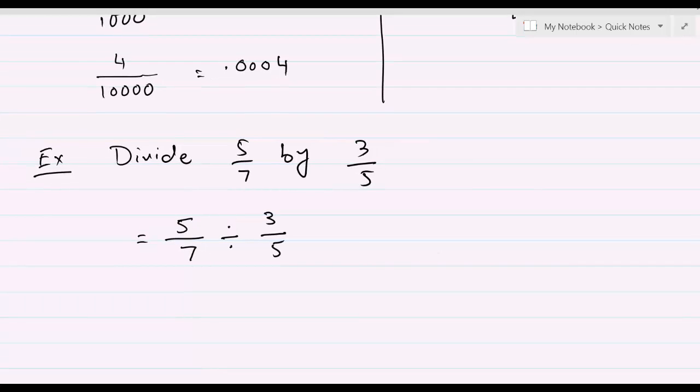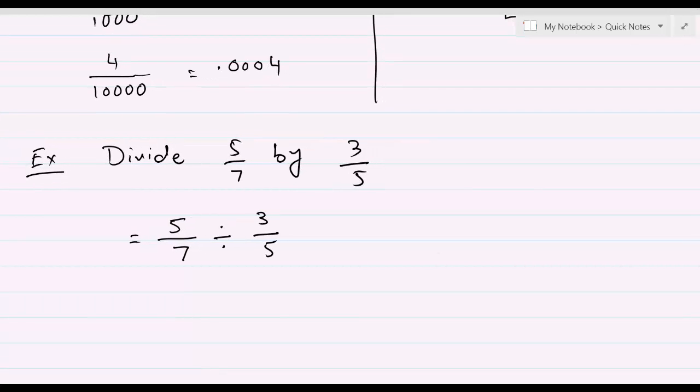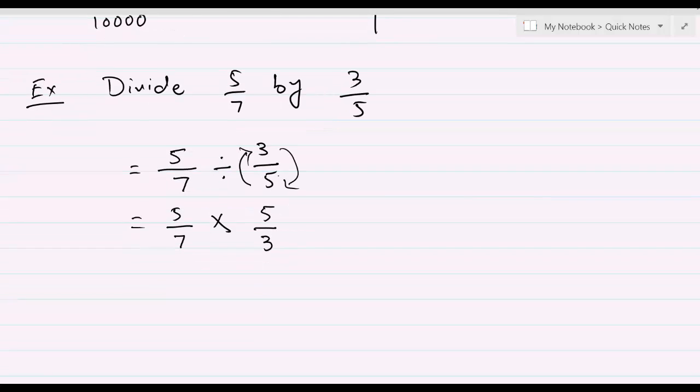How easy it would be if we convert this division sign into a multiplication sign and then reciprocate the fraction which comes after it. So now this will become 5 over 3 instead of 3 over 5. You see, we switched places here, and if we switch places, this division sign can be changed into a multiplication sign.